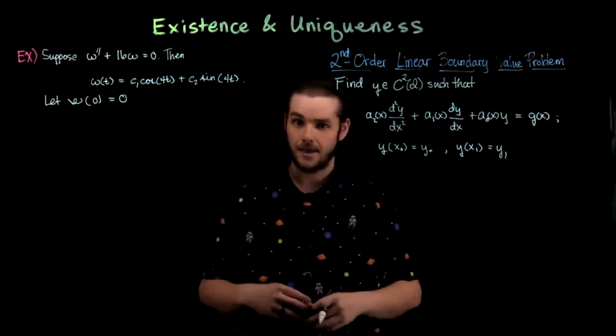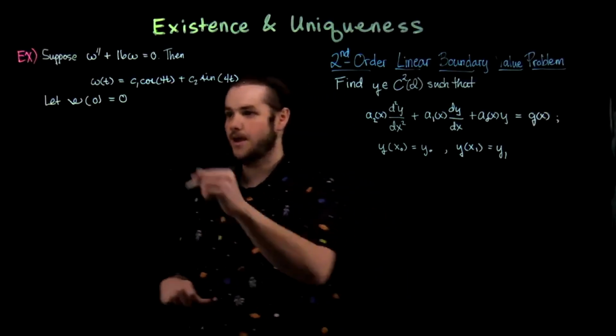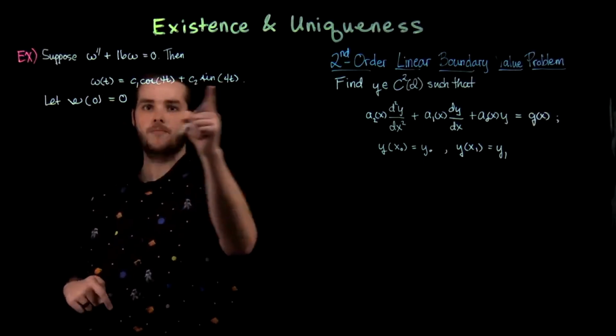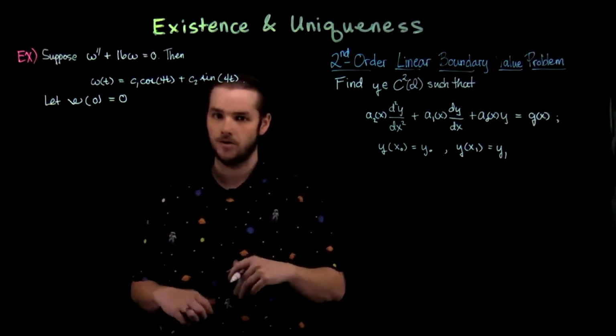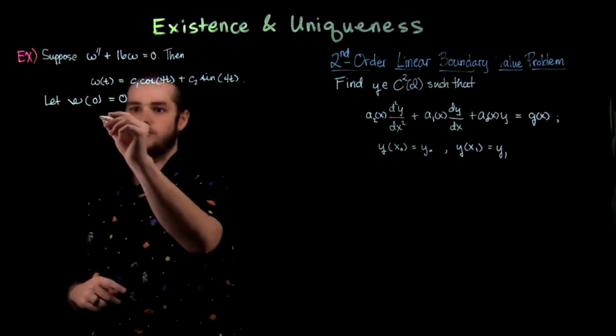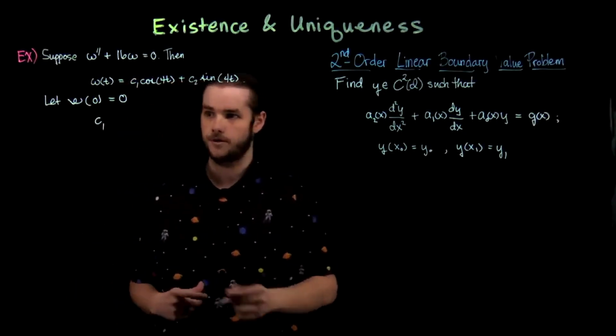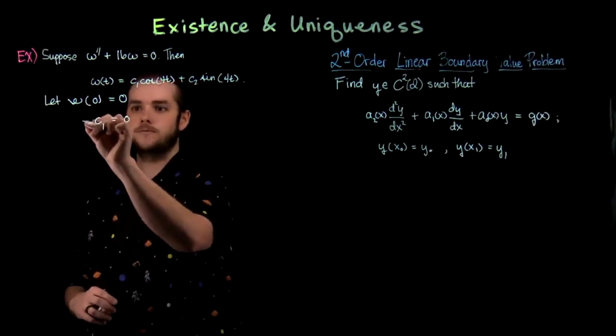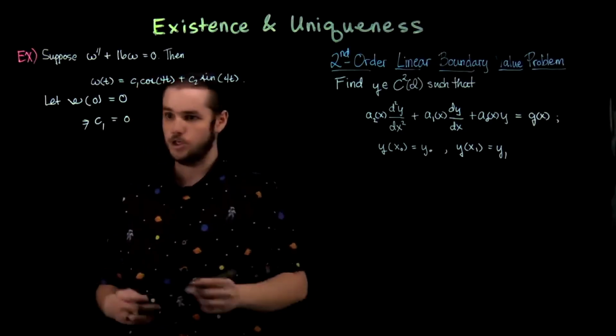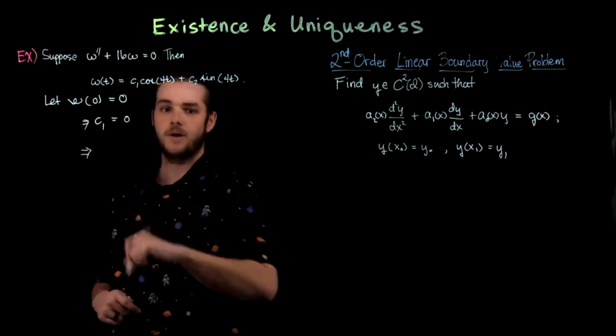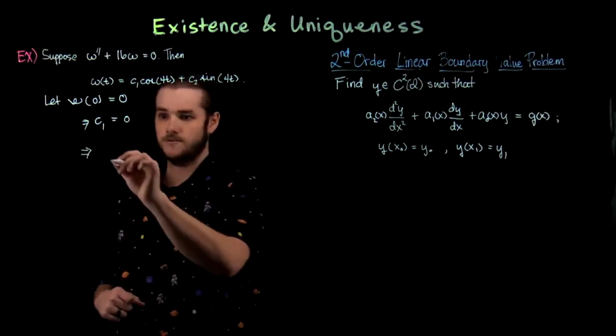With that initial condition, I learn that omega of 0, according to my model, sine of 0 is just 0, so that tells me that c1 times cosine of 0, which is 1, should equal 0. Okay, so from my initial condition, I've resolved one of my parameters in my family of solutions.